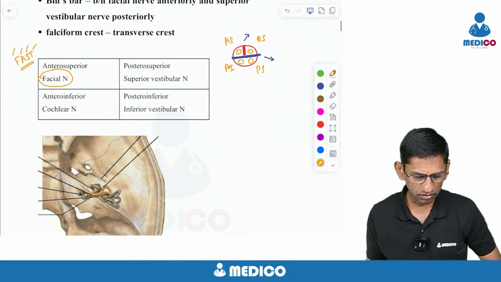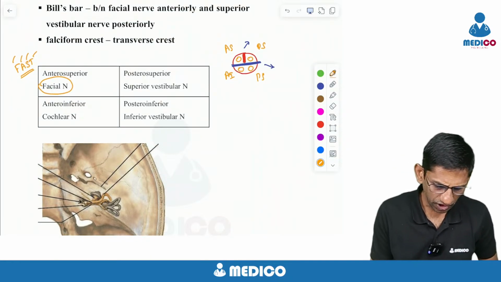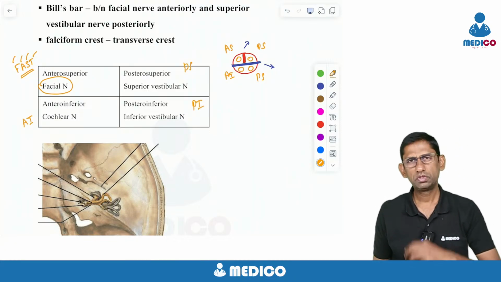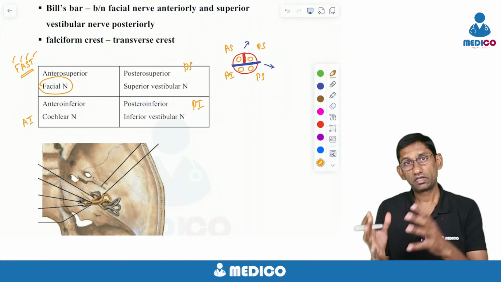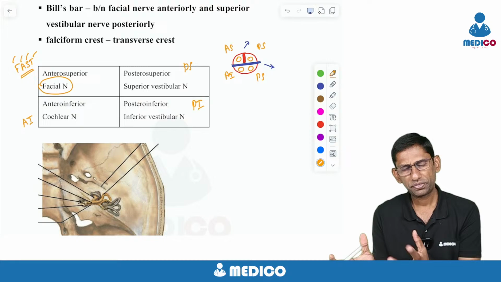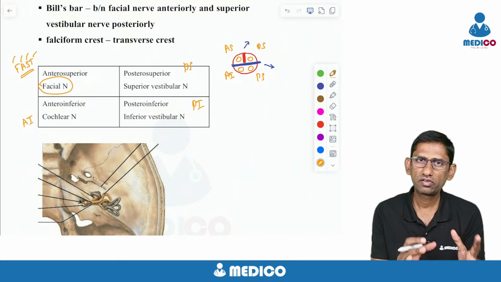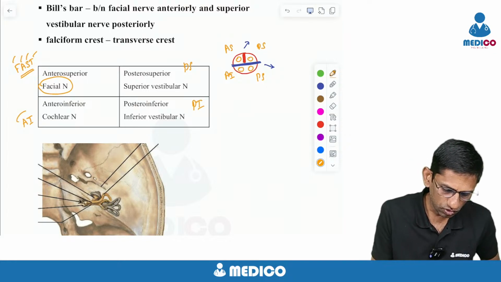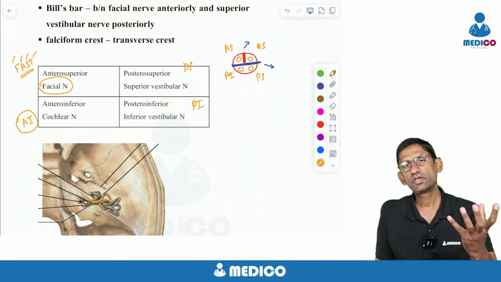So if you remember it this way, we have the areas left out: antero-inferior, postero-superior and postero-inferior. I told you in the first slide that the anterior part of the inner ear is the cochlea and the posterior part of the inner ear is the semicircular canals. So obviously for the antero-inferior, a nerve is already present in the antero-superior part.